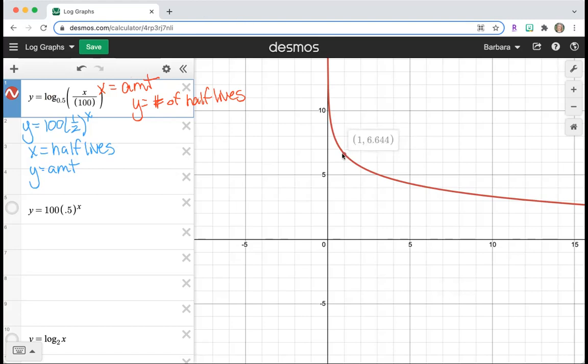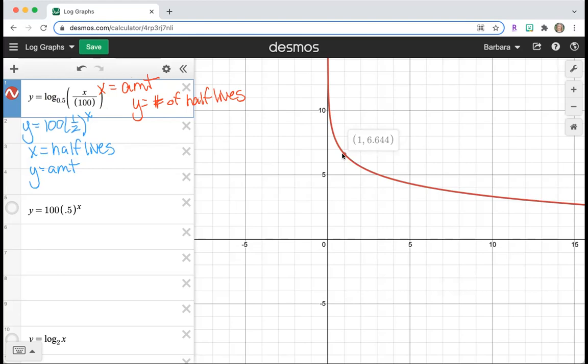Right here, now when x is 1, our y is the number of half-lives, that's 6.644. So that, and I can't do both. Here, maybe we can hold this, right?